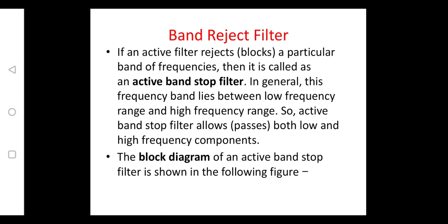That is, frequencies less than the lower cutoff frequency and greater than the higher cutoff frequency should be passed. Only between the cutoff frequencies should it be rejected. This band reject filter is also called a band stop filter, or a notch filter if the Q value is a lesser value.